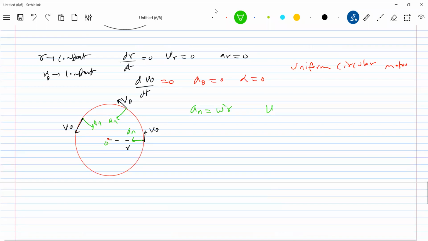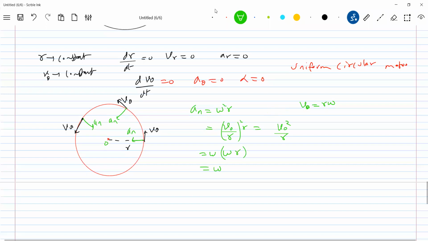We know a few formulas. V theta equals r omega. So in place of omega, you can write v theta by r, or you can also write it as v theta square by r. These are the various forms. Or you can also write it as omega r into omega.